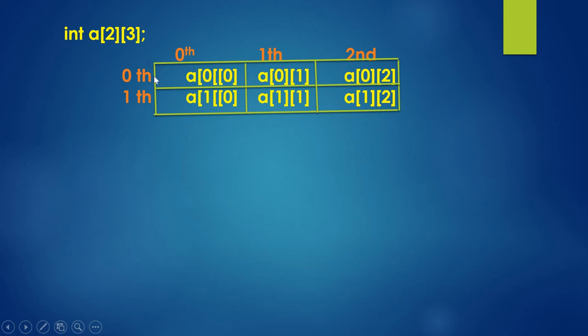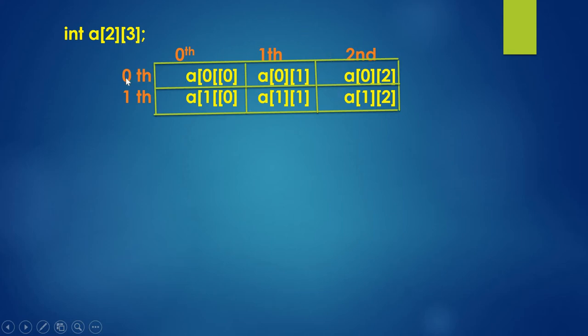How many rows are there? 2 rows. This is the 0th row, then this is the 1st row. How many columns are there? 3 columns: the 0th column, 1st column, 2nd column.